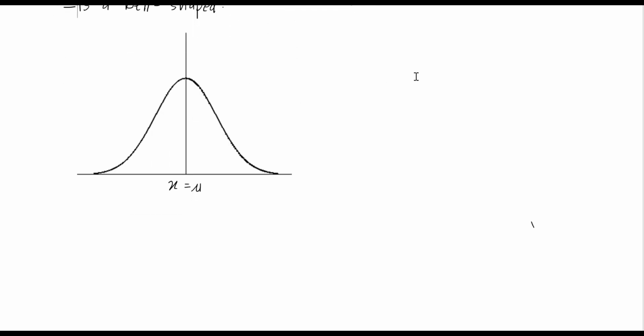The mean is equal to mu, and the total area under the normal distribution is equal to 1. That means the area under this curve is equal to 1.